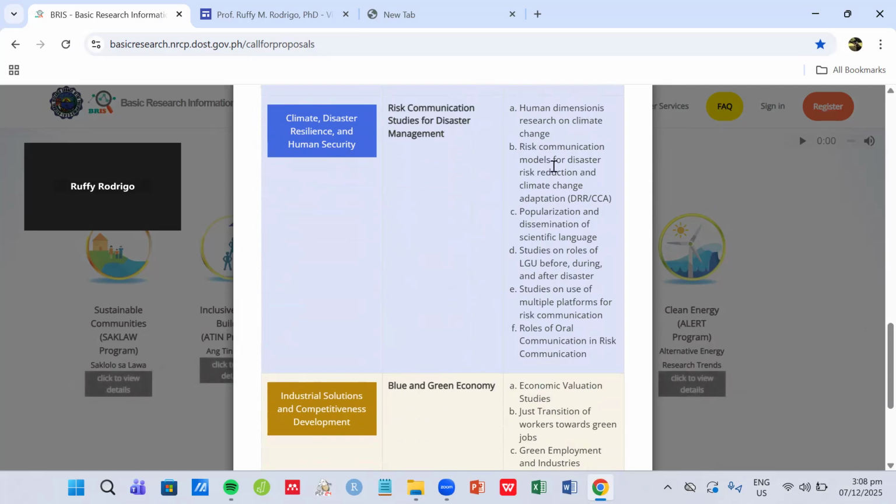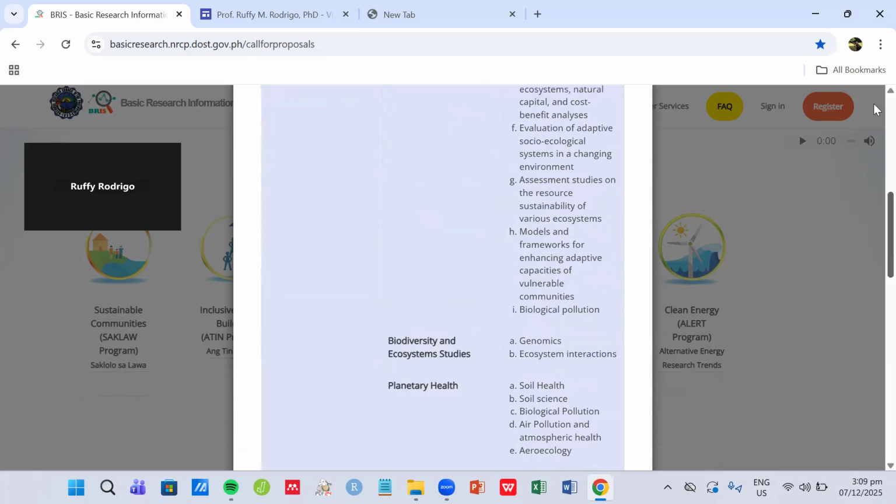We have risk communication models for disaster risk reduction and climate change adaptation, popularization and dissemination of scientific language, studies on the roles of LGUs before, during, and after disasters, studies on the use of multiple platforms for risk communication, and use of oral communication in risk communication.